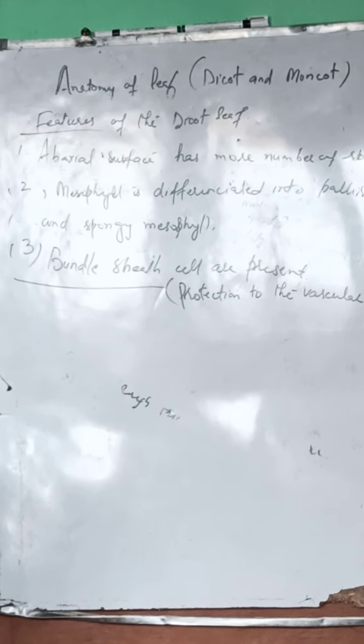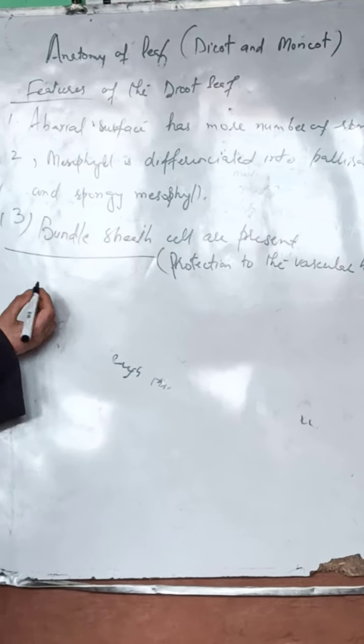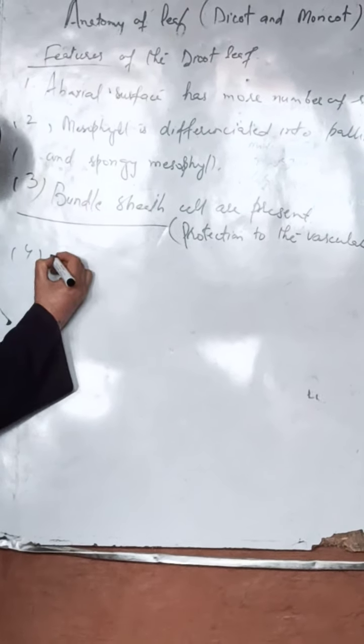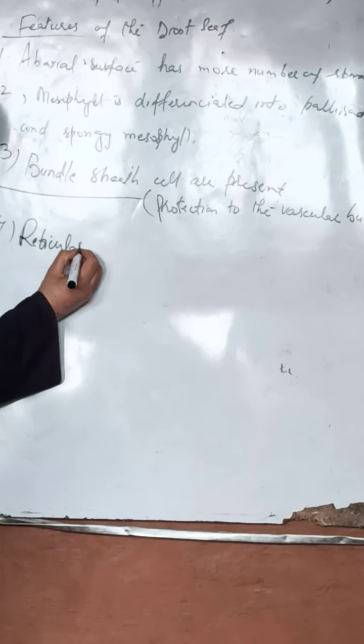Then there is another feature, that the arrangement of veins and veinlets is reticulate. There is reticulate venation.